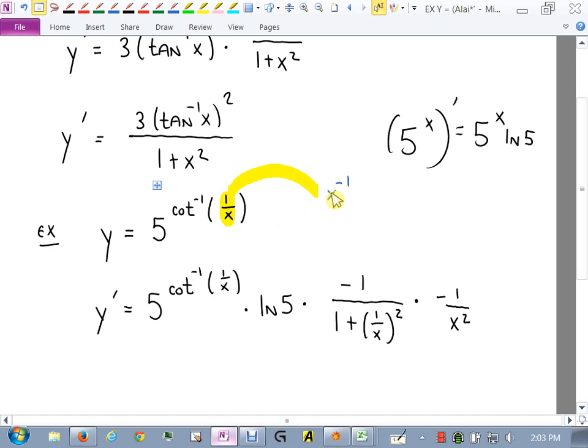Derivative of x to the negative 1 is negative 1 x to the negative 2. Power comes down, subtract 1. Negative 1. Oh, after the derivative. Derivative takes you here. And then you could try cleaning this up, but it's a mess. That's the raw derivative right there. Any questions on that?